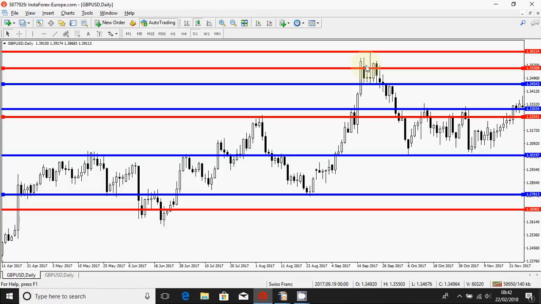Okay, now I will give you 5 rules to draw these lines or zones accurately. Rule number 1: support and resistance lines are zones. Zones, right? Not specific points. Expect prices to reverse in this general area.